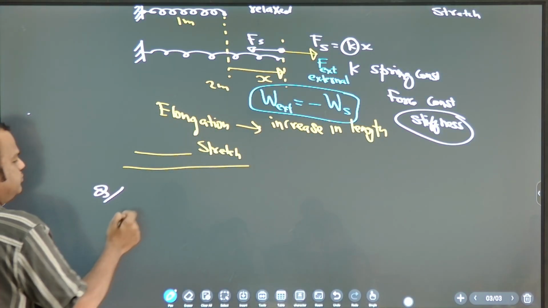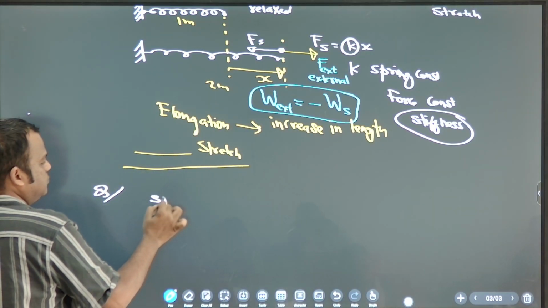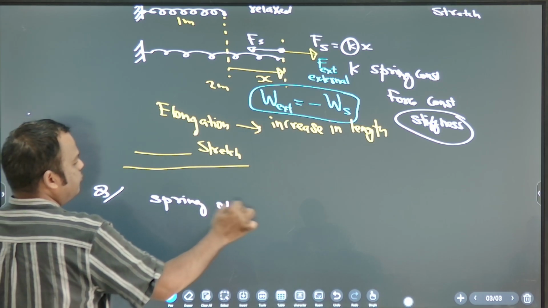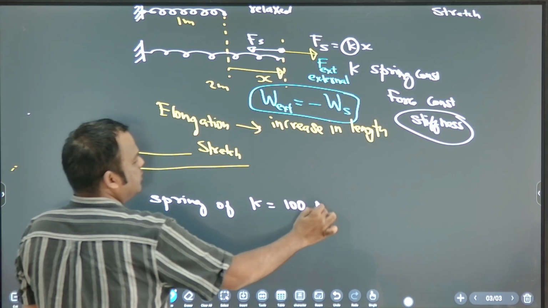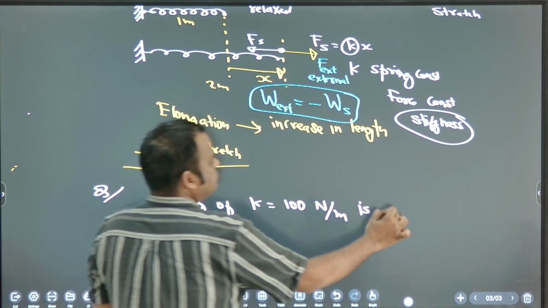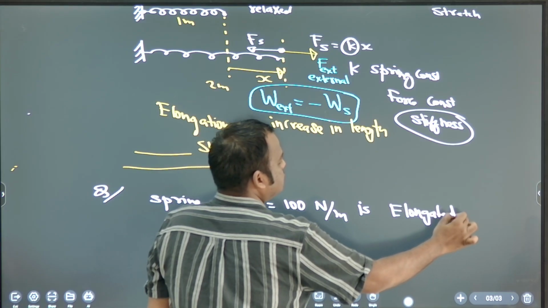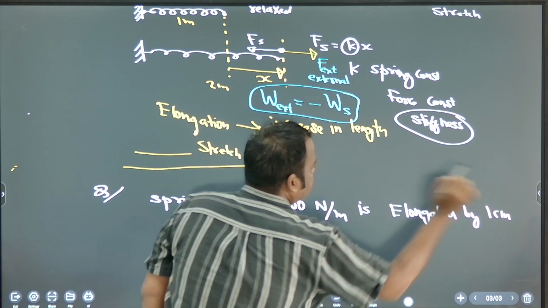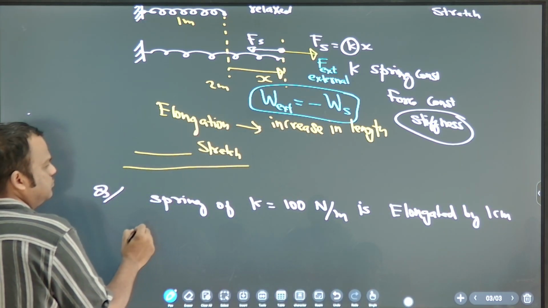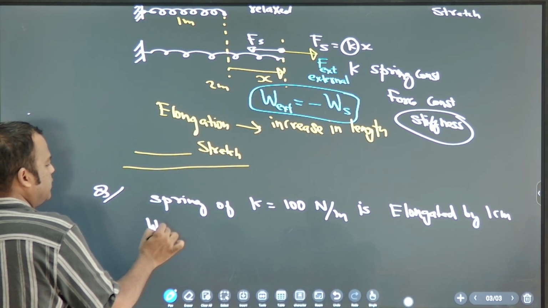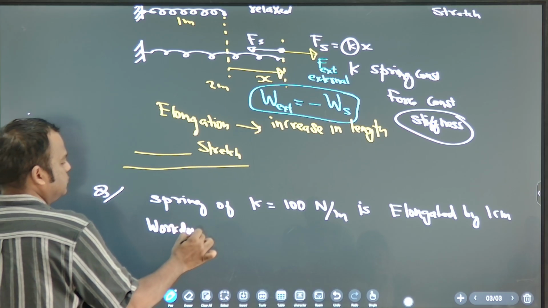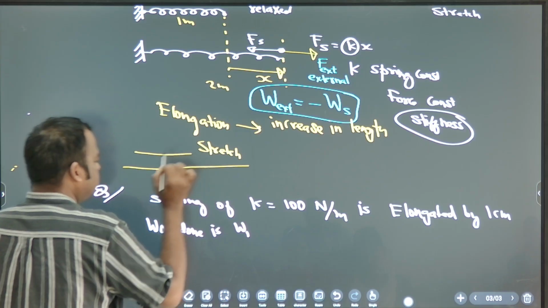Okay, solve. Spring of force constant 100 Newton per meter is elongated by 1 centimeter. Work done is W1.